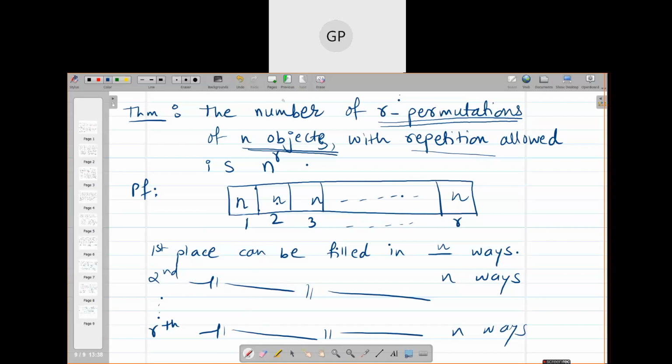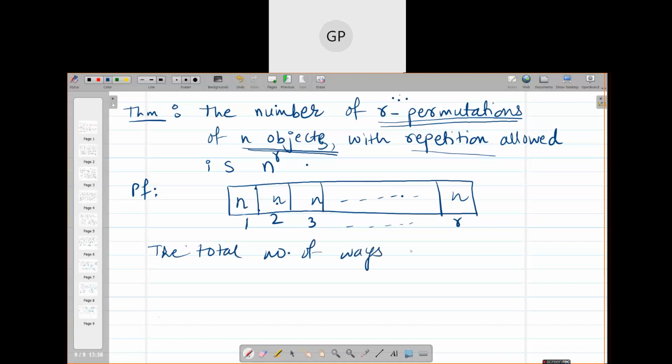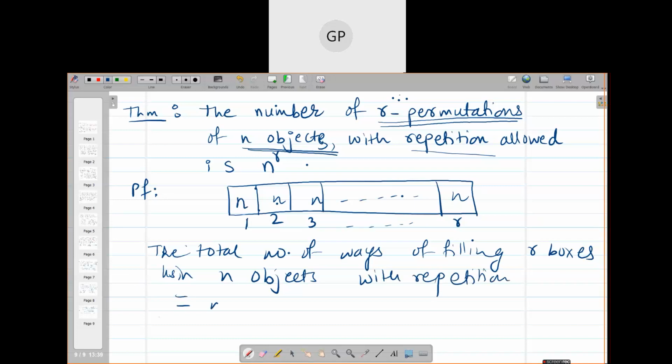So write after this: therefore by multiplication principle, the total number of ways of filling R boxes using n objects with repetition is equal to n into n into n up to n.